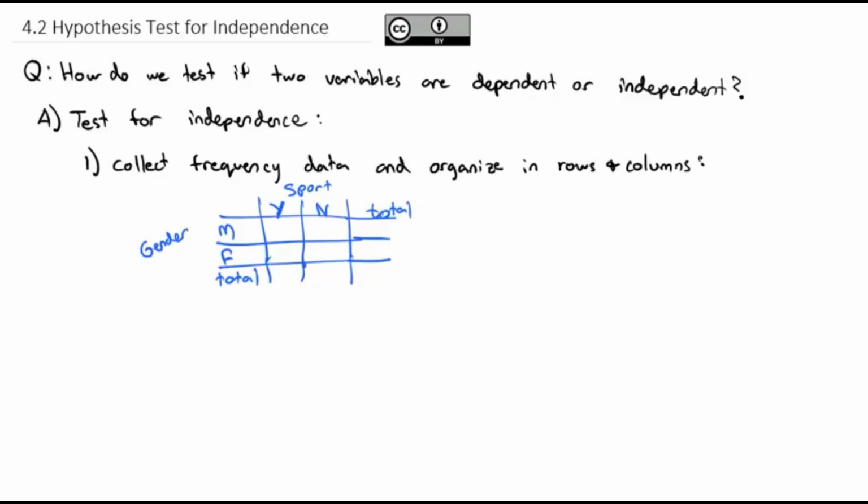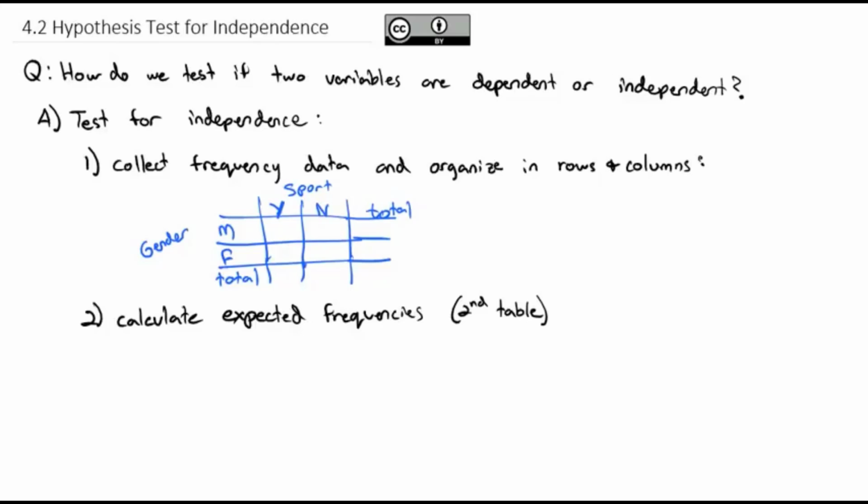Once we have our frequency information, we also need to calculate the expected frequencies. And often I'll make a second table of expected frequencies.